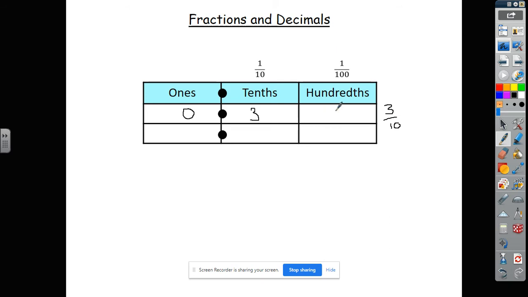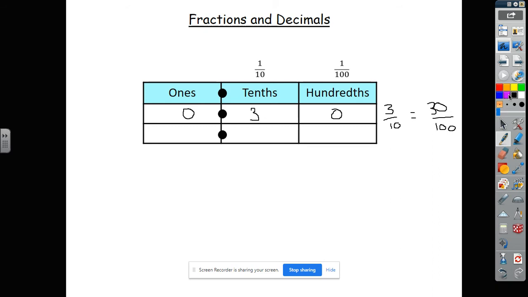We could also put a placeholder in there, and then it's 30 in the hundredths column, so it would be 30 over 100. So 0.3 is the same as 3 over 10, and that's also equivalent to 30 over 100.